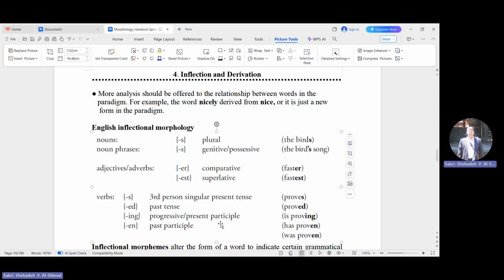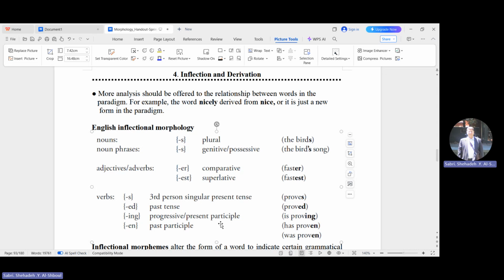Typically, unlike derivation, inflection yields predictable, systematic forms that are constrained by the syntactic and grammatical rules of a language. So this distinction between derivation and inflection is crucial for understanding the architecture of word formation, the organization of the mental lexicon, and the interface between morphology and syntax.